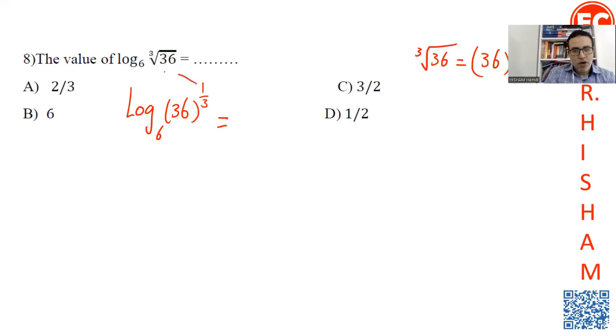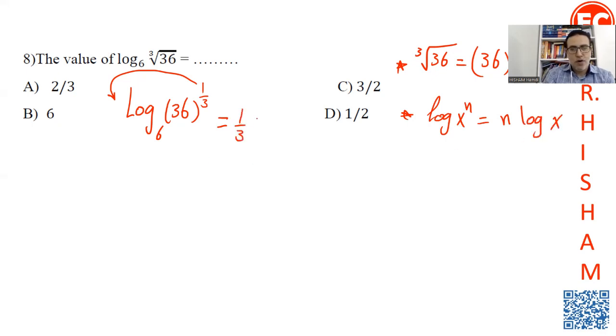And the power can go outside the log, and this is a property of the logarithm: log of x to the power n is the same as n log x. So I can write it as one third log base 6 of 36. Now, all you have to do is ask yourself, 6 to the power of what to be 36?